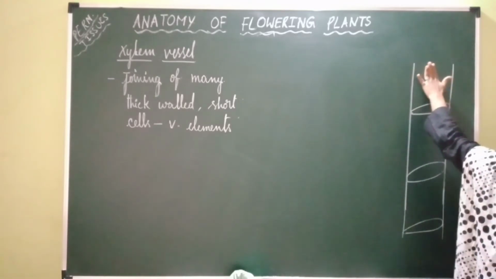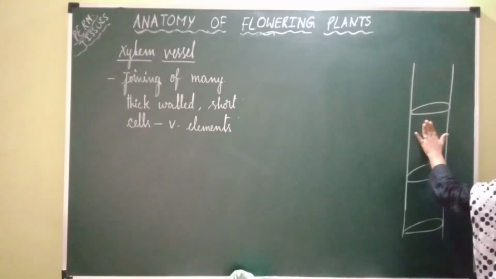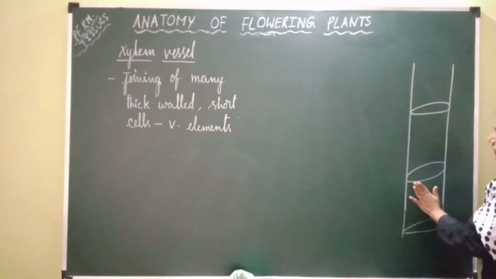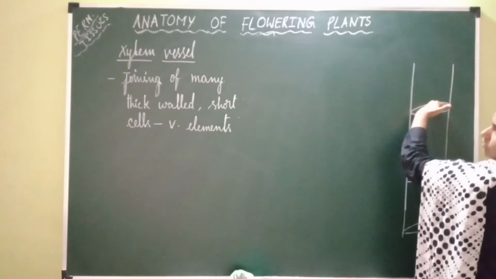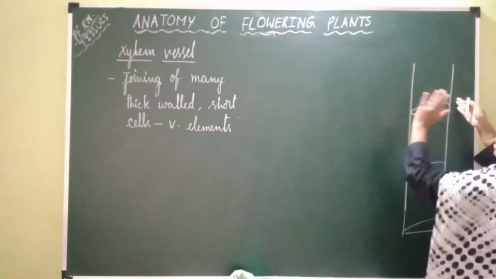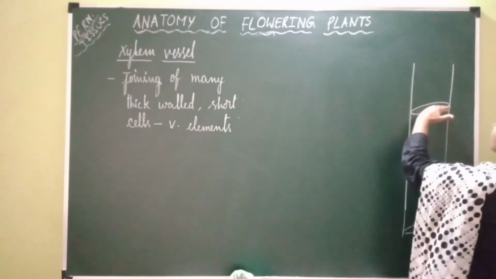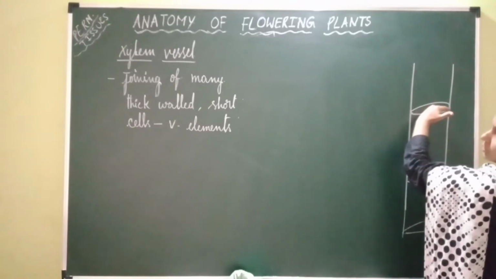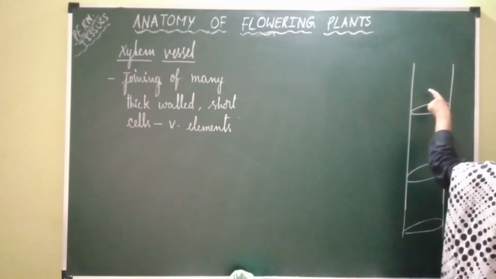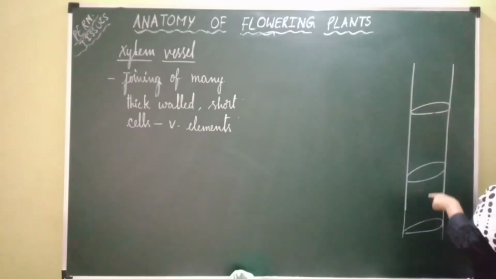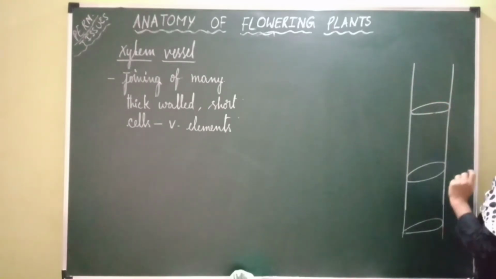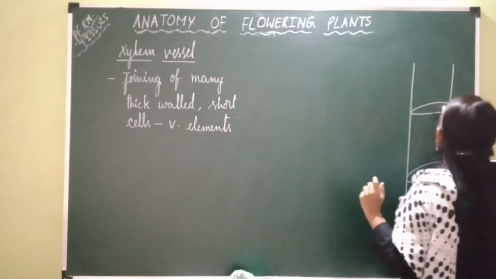This is one vessel element, this is the next vessel element, this is the next vessel element. These are the radial walls and these are the tangential walls. Radial walls are also called longitudinal walls, and tangential walls are cross walls, also called end walls. The vessel elements present in a vessel are joined together at their end walls or cross walls.